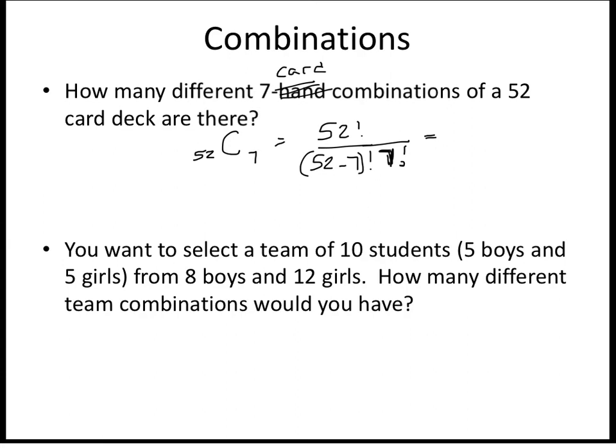Now, when we are doing this on our Inspire CXs, you're going to hit the menu button, which is the third down on the right, and then you're going to hit 5 for probability, and then you're going to hit 3 for combinations, and you are going to enter 52, and then you're going to hit your comma button and enter 7, slide over to the right and press enter, and you'll get 133,784,560.